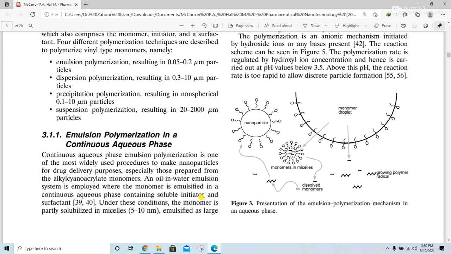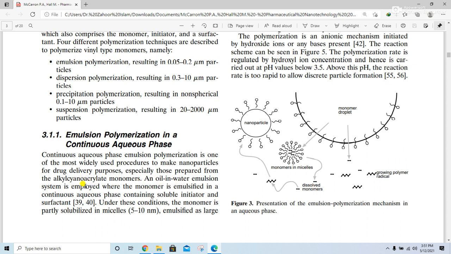Now come toward emulsion polymerization in a continuous aqueous phase. This is one of the most widely used procedures to make nanoparticles for drug delivery purposes, especially those prepared from alkyl cyanoacrylate monomers.